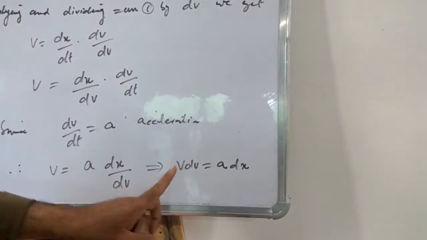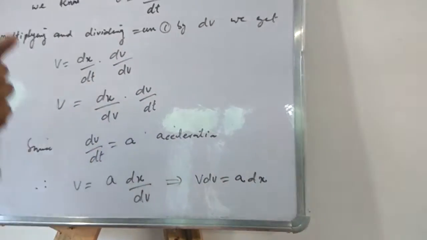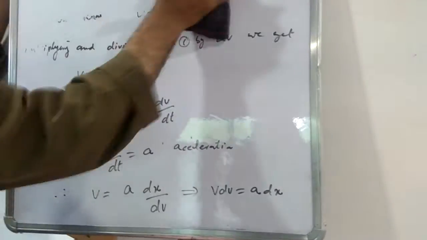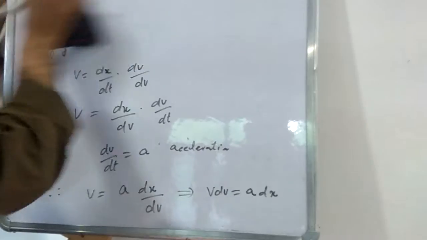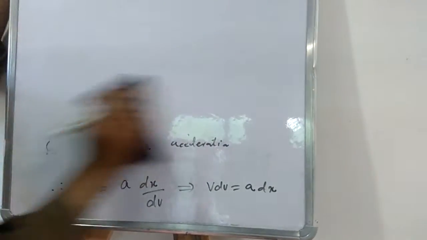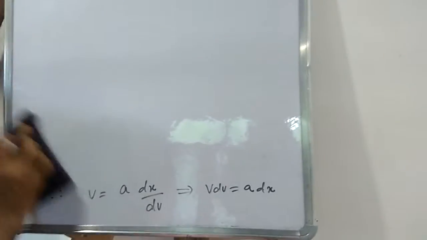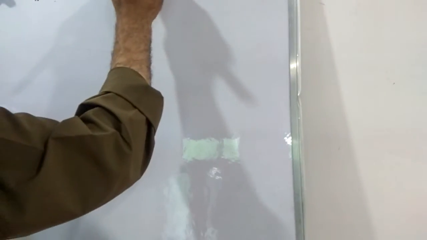Now dear students, we will integrate on both sides. So here I will write v dv is equal to a dx.